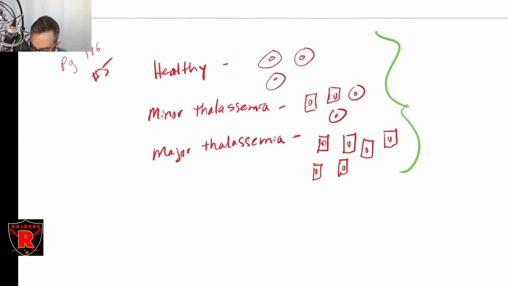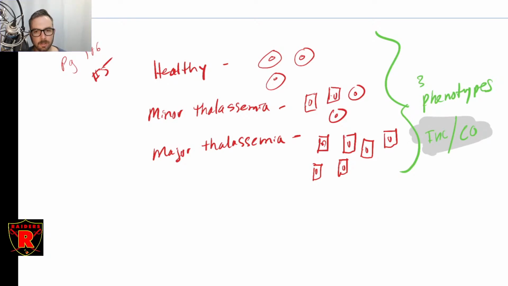There are 3 different phenotypes here. So 3 phenotypes means it's going to be incomplete or codominance. In regular dominance, there would only be 2 phenotypes. So we know that for sure.